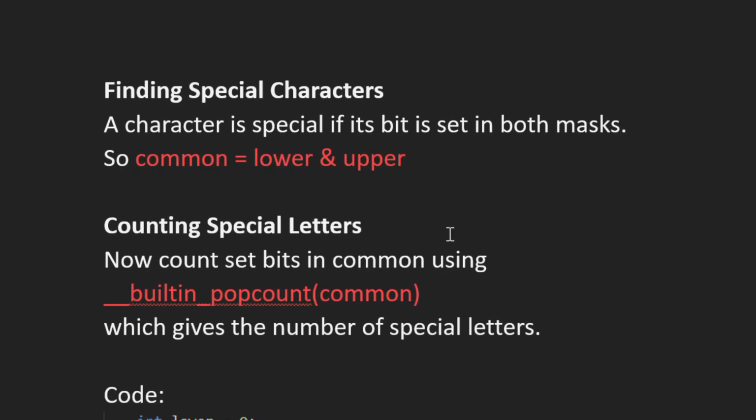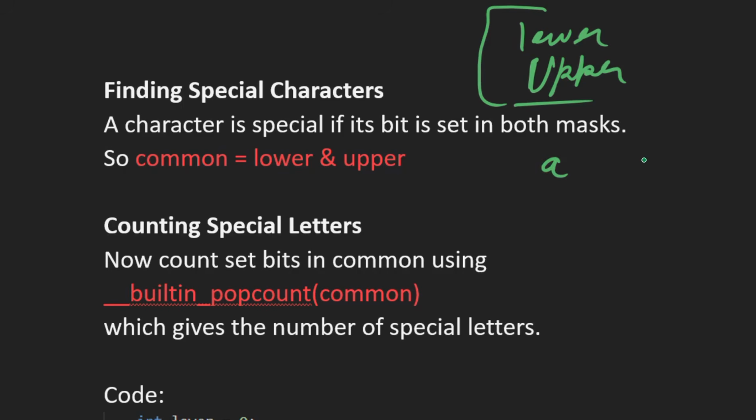Now after iterating over the string and marking the presence of characters in lower and upper, we need to find the special characters. Special characters are those letters for which both the lowercase and uppercase are present.